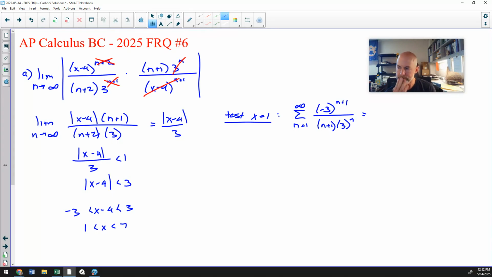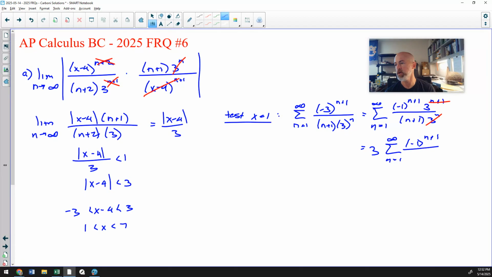Okay, so I do a little bit of cleaning up here. This one's going to be the tougher one to evaluate. N equals 1 to infinity. So that's negative 1 to the n plus 1 times 3 to the n plus 1 over n plus 1 times 3 to the n. This will cancel all but that. I can take that 3 out. So that's 3 times the series, n goes from 1 to infinity of negative 1 to the n plus 1 over n plus 1.